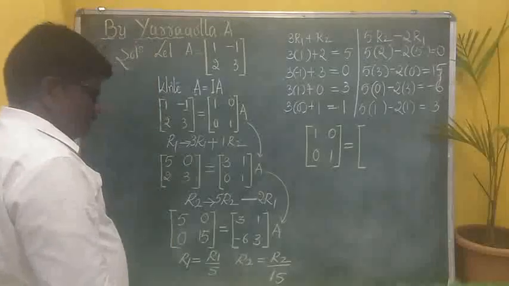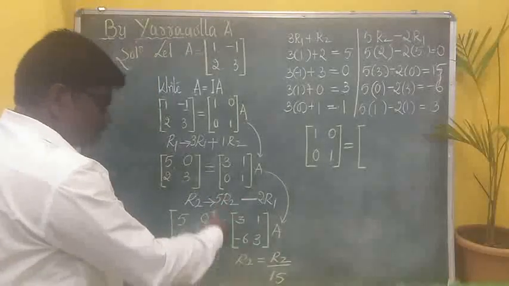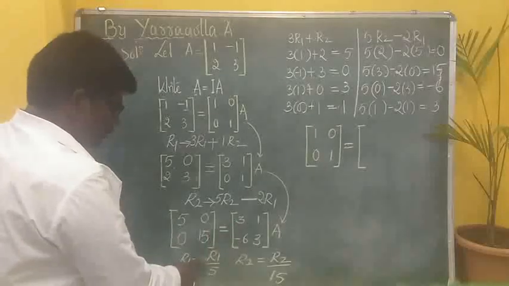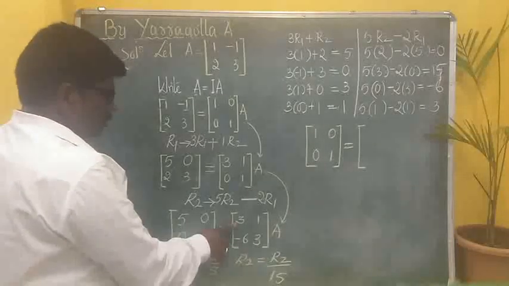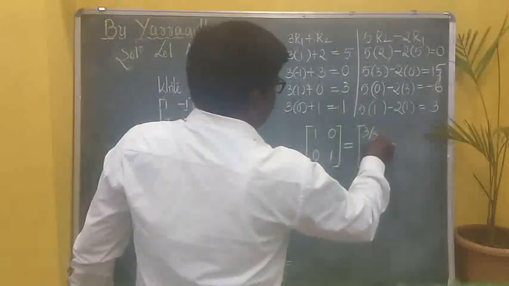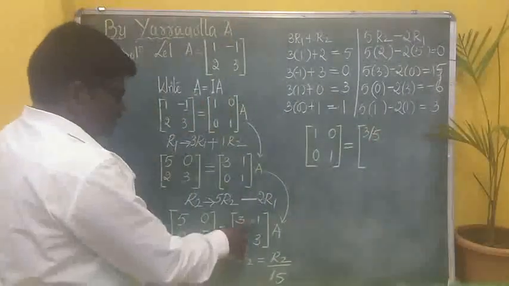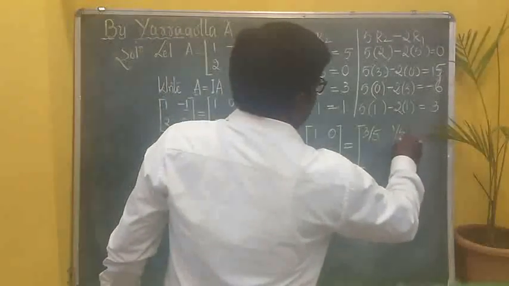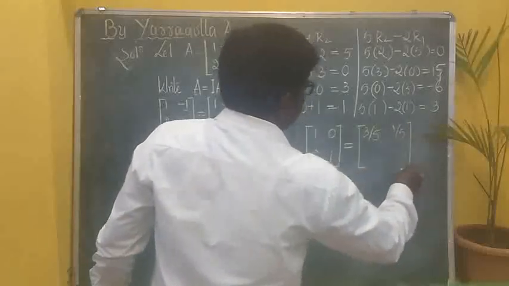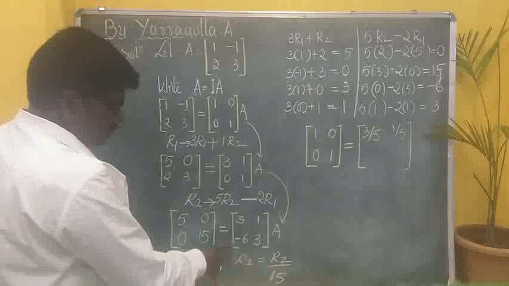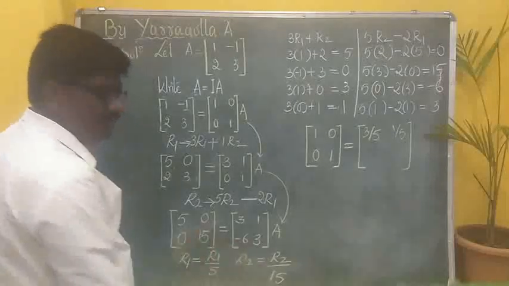Okay. Next, this side also the same rule must be used. That means first row must be divided by 5. 3 by 5, then this is 1 by 5. Then the second row must be divided by 15. That means minus 6 by 15.